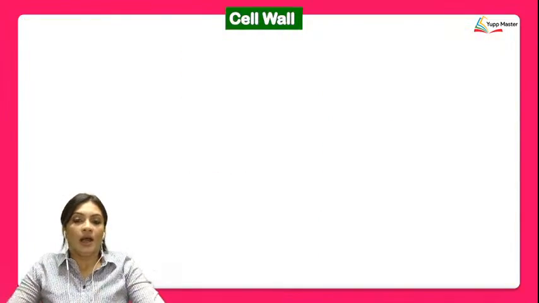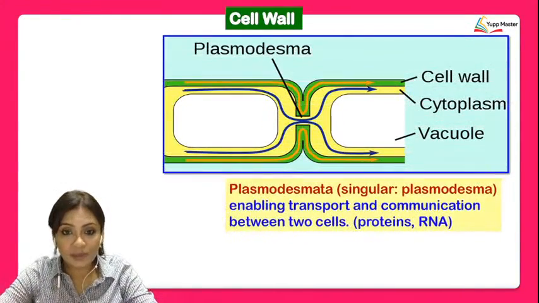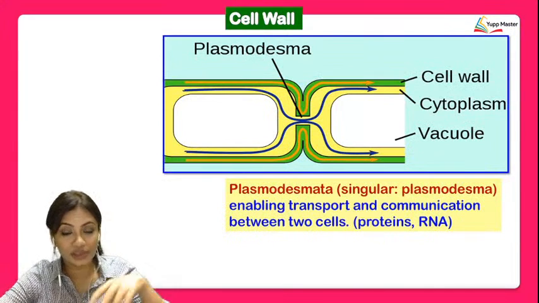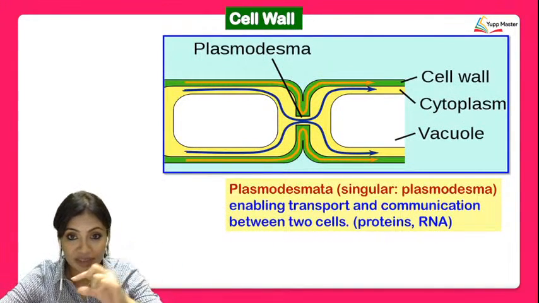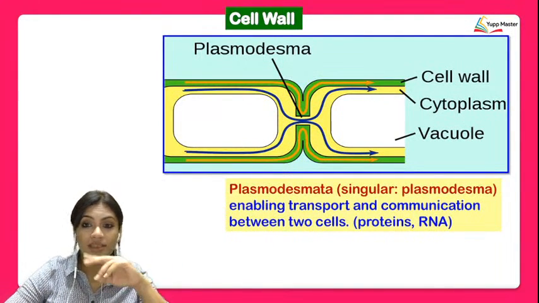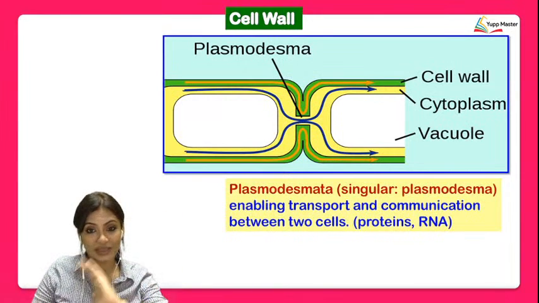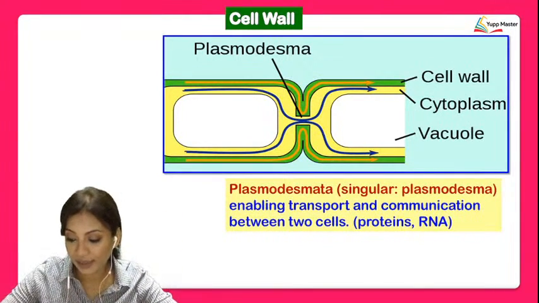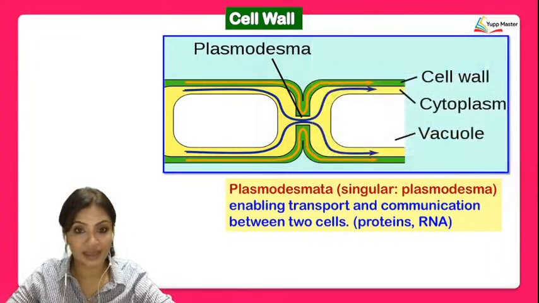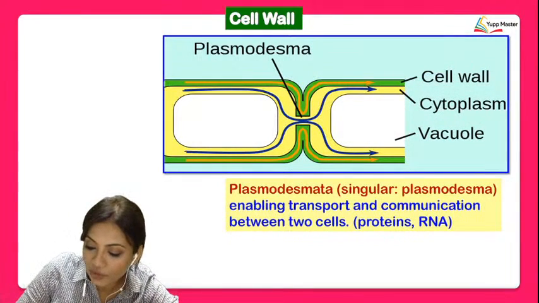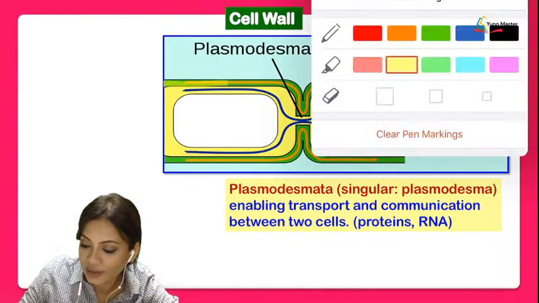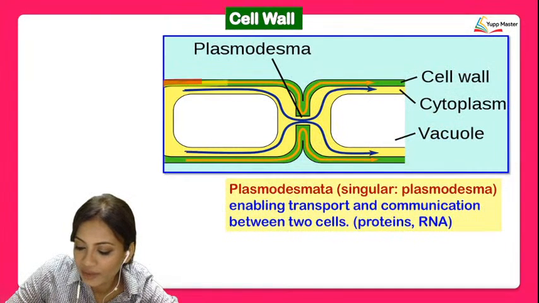All right. Next, when we talk about this cell wall, I told you there were bridges present in between, in case any substance needs to be carried from one cell to another. So let's first understand what this diagram is all about. This part which I am highlighting right now, let's color it in red, is the cell wall.